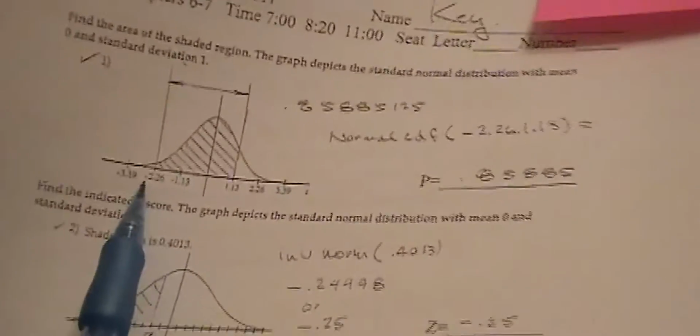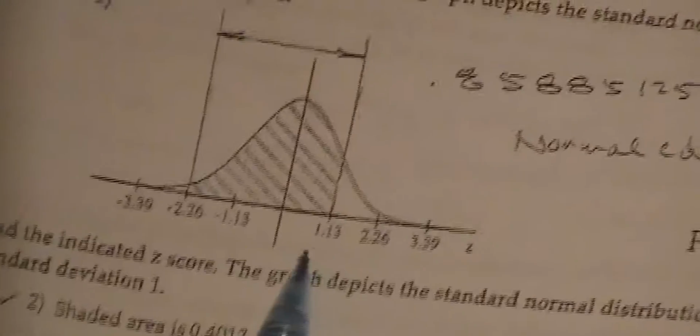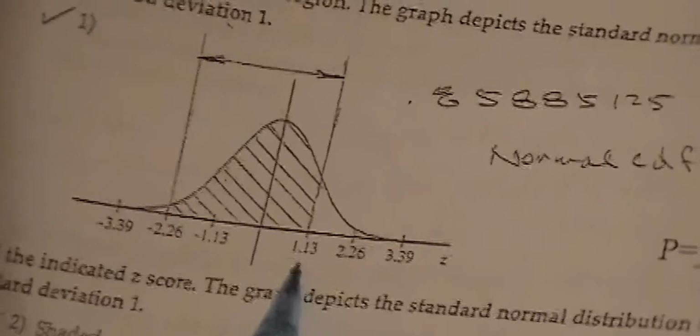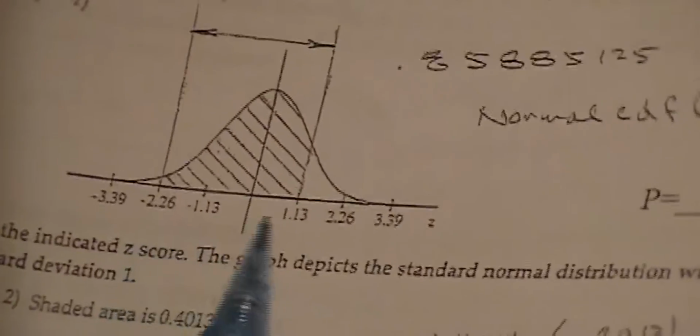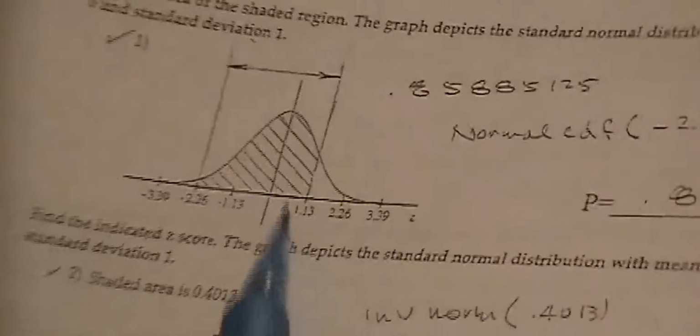So you don't have to input that for a standard normal distribution. So you can just go to normal CDF, second bars, number 2. Here they want you to find the area between negative 2.26 and 1.13. So this is going to be your left number and this is going to be your right number. Okay. That makes sense, right?